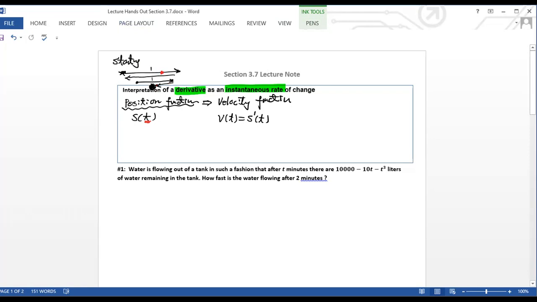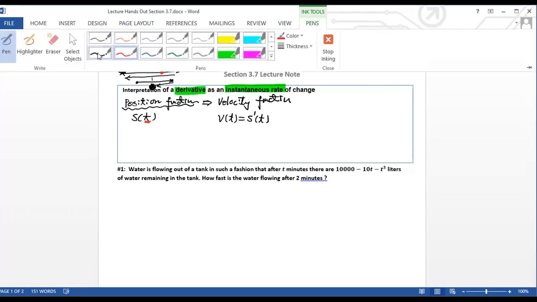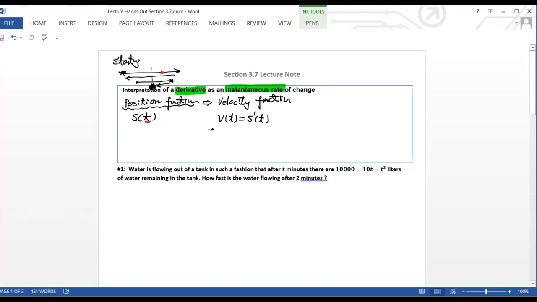Since your particle travels on a line, we know that if the velocity is greater than 0, that means you're going forward. If your velocity is less than 0, that means you're going backward.